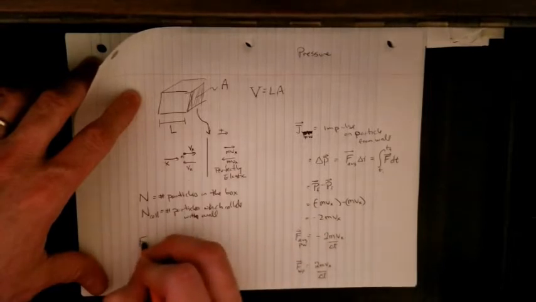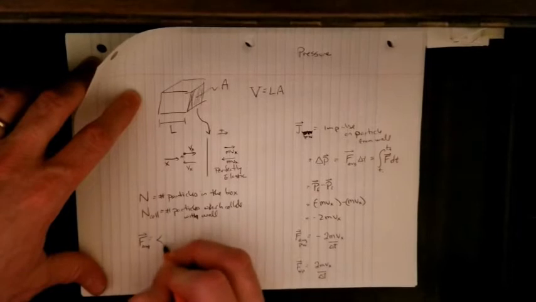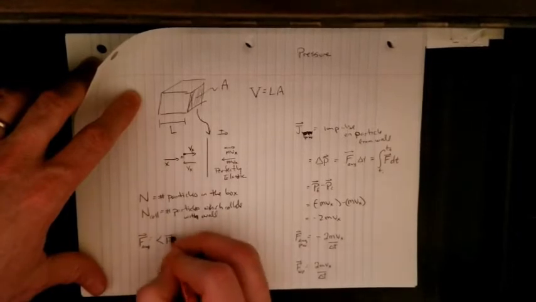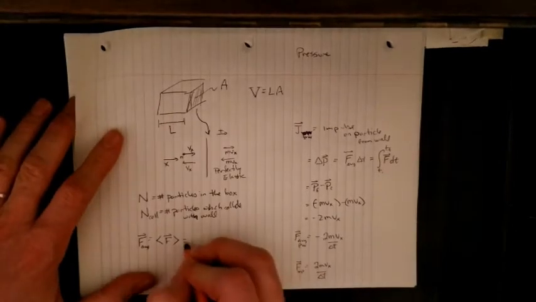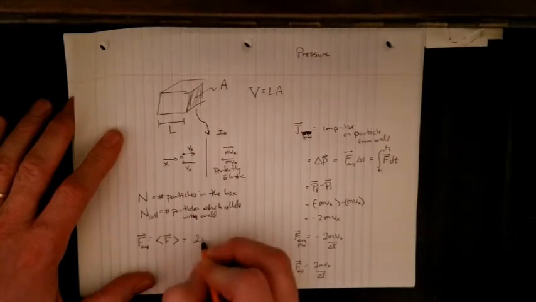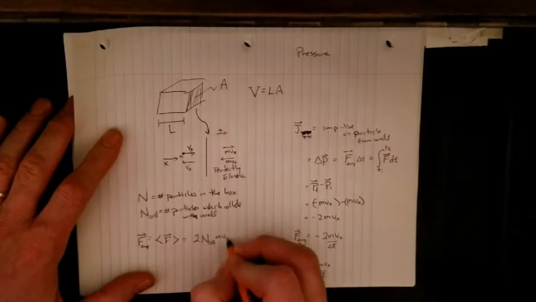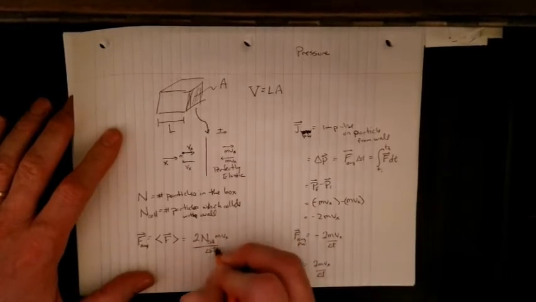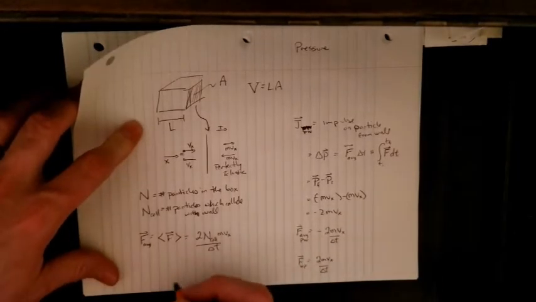And so the average force, which I can also write in this form right here, this is in physics the more traditional form of writing average, is going to be that number right there times the number that actually collide. So this is 2 times the number of collisions, m v_x over delta t.